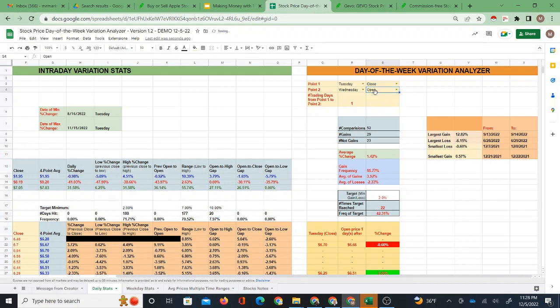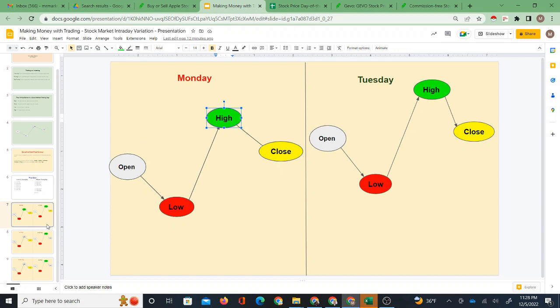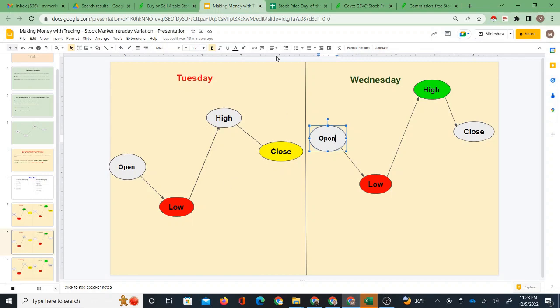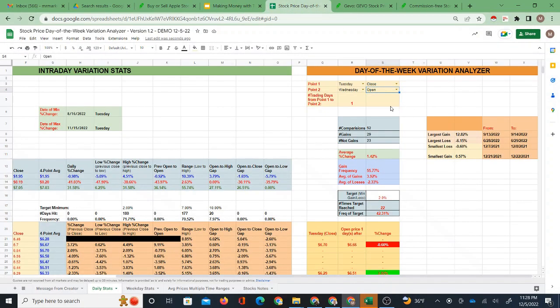The reason this is very significant is because Tuesday close compared to Wednesday's open is a very short space of time. This is the end of Tuesday and the beginning of Wednesday, basically, right? So that's a very short time.